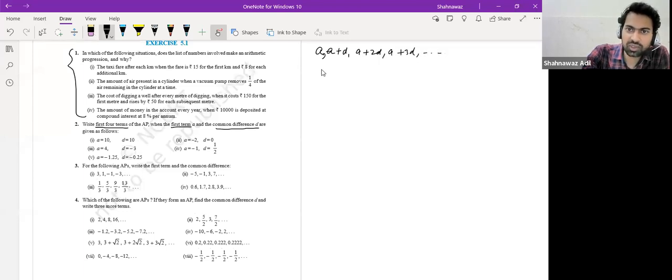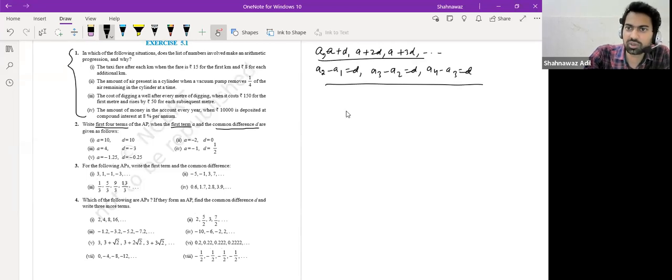And we know that A2 minus A1 would be D, A3 minus A2 would be D, and A4 minus A3 would be D. This we need to remember. And the nth term would be A plus N minus 1 into D. This we need to know. So only this much is needed.